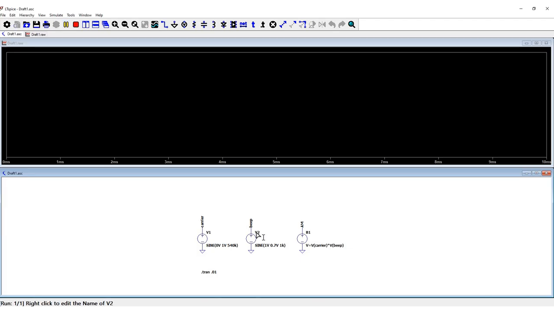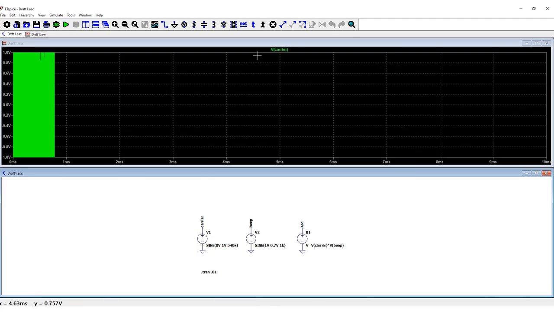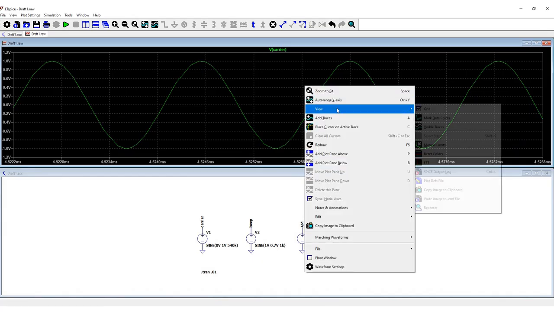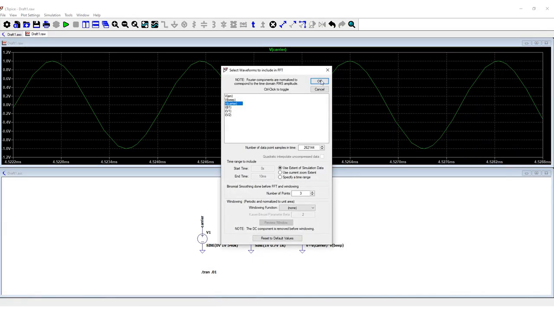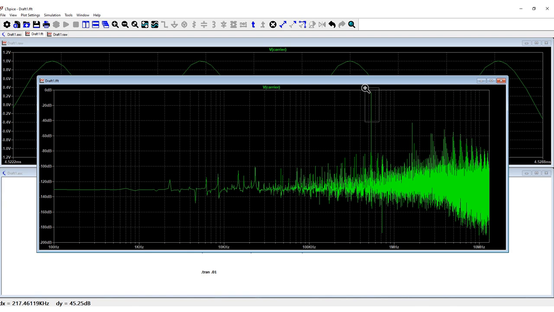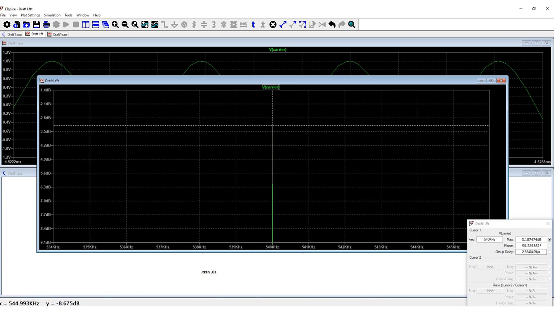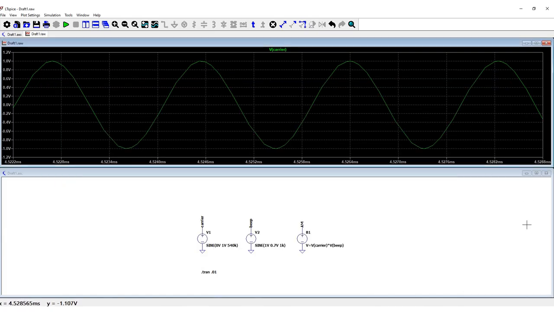Let's take a look at the signal shapes. The first signal is the carrier. I will zoom in. Yes, this is a sine wave signal. Check the frequency with the FFT tool. Okay, it's really 540 kHz.